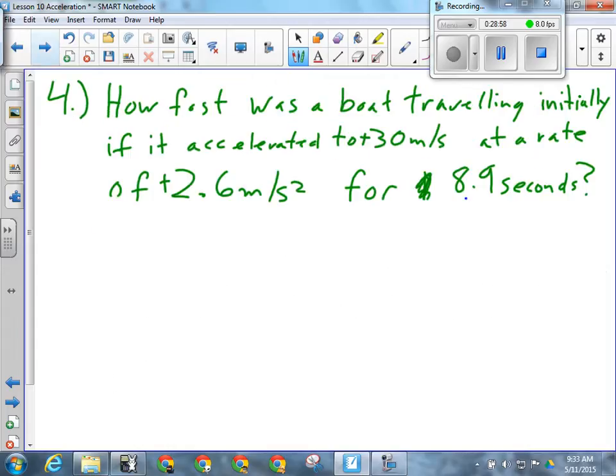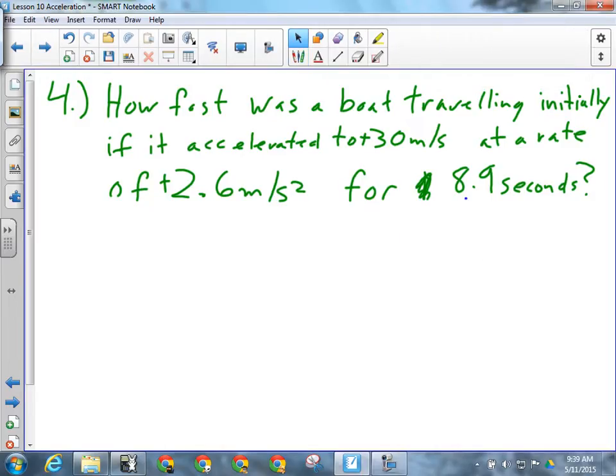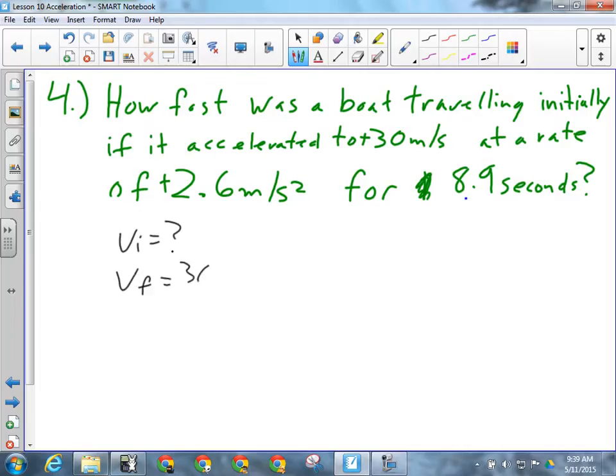Try number 4 here. This one involves our trickiest manipulation of the formula. In this one we want to solve for VI. So how fast was the boat traveling initially? VI is the question mark. It accelerated to 30 meters per second, so that's VF, at a rate of 2.6 meters per second squared, and that would be positive.